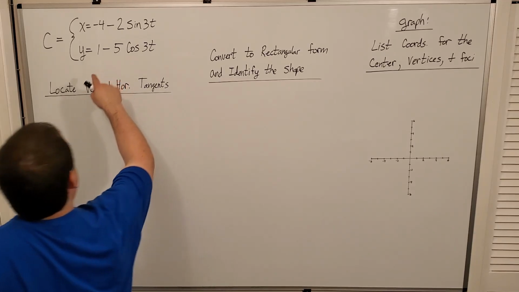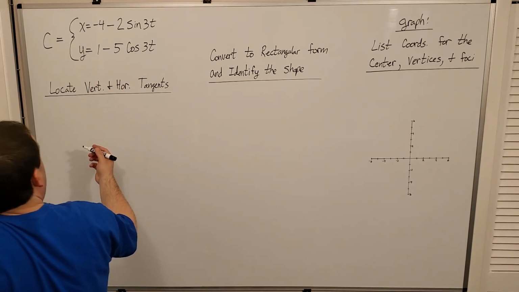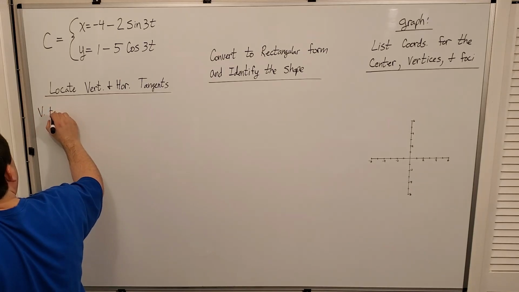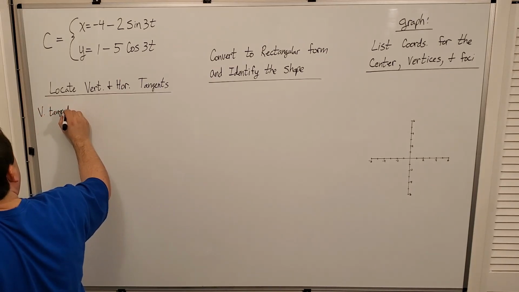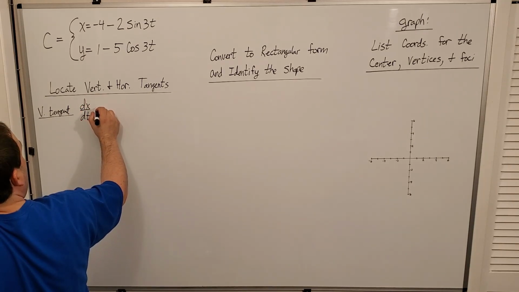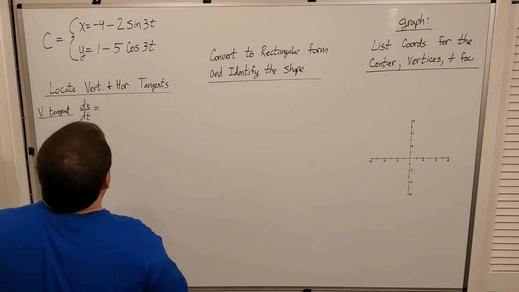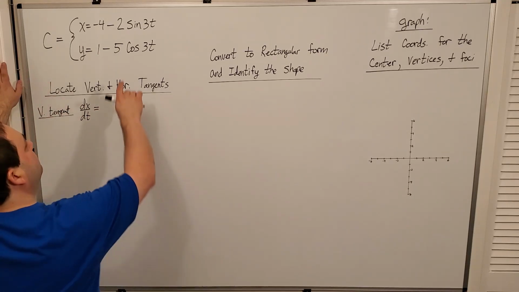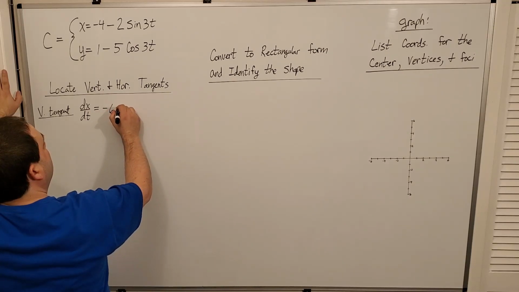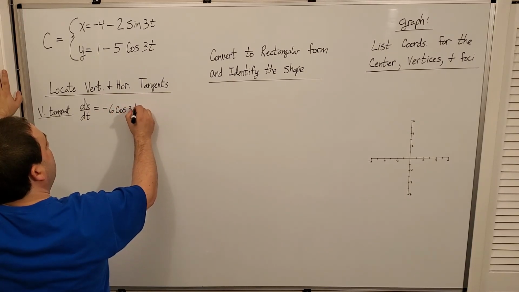To do the vertical tangents, I need to set the derivative dx/dt equal to 0. So dx/dt here is going to be negative 6 cosine 3t.